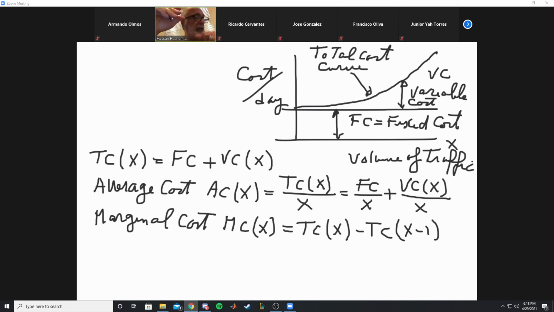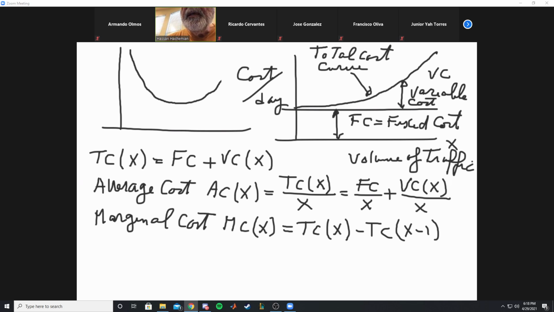Now, if you're looking at the graph of that, this is the situation where your average cost goes down. If your average cost goes down, it is because your marginal cost is going down.